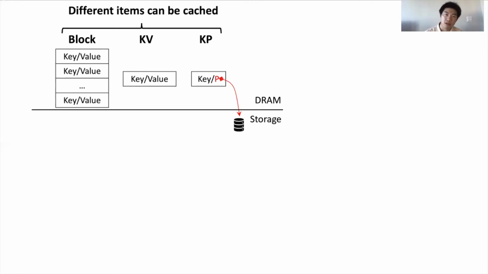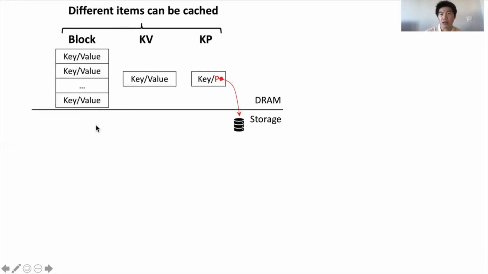So if this key is queried later, we can find the pointer in our cache and perform one extra I/O to get the value. By doing this, we can cache multiple keys and pointers. This has the potential to give even better performance than caching only one key and its big value.